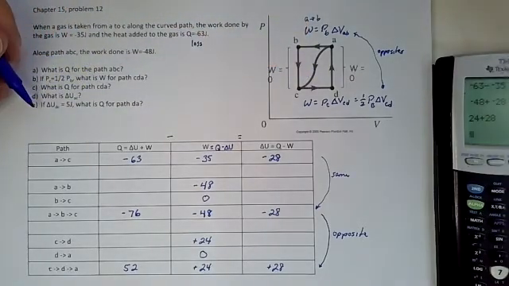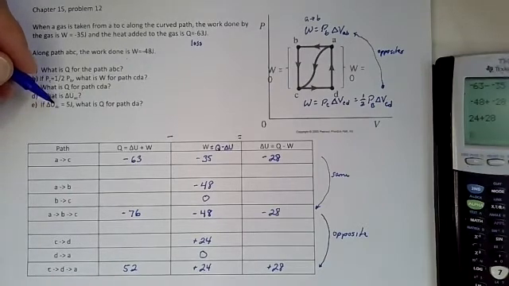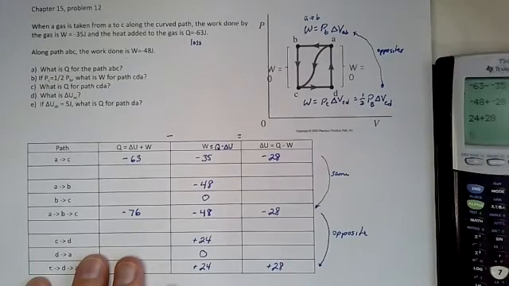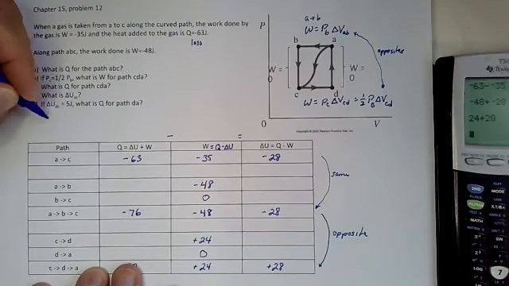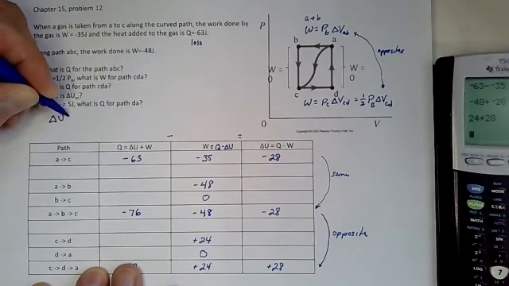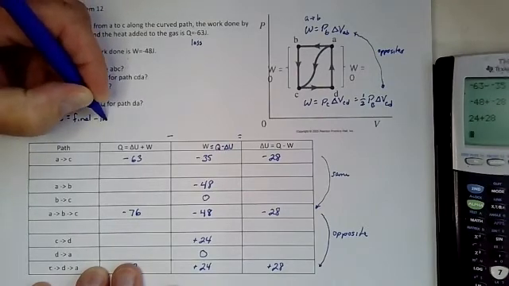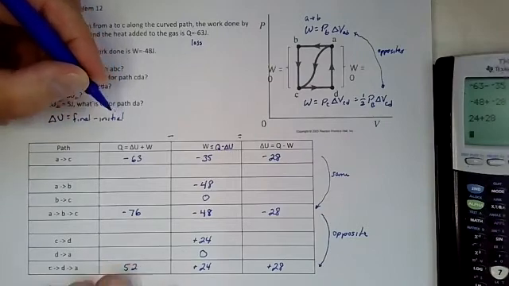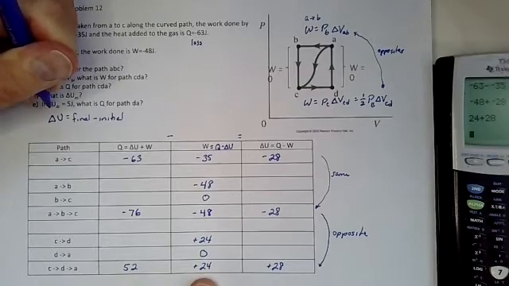So when we write this number down, we're always trying to consider what direction we're headed in this notation, DC, right? So this is delta U D to C. Now, every time we do a delta, we always do final minus initial. Okay, so our final stop is D, and our initial stop is C.